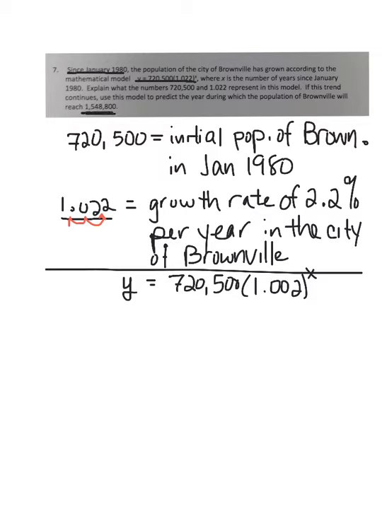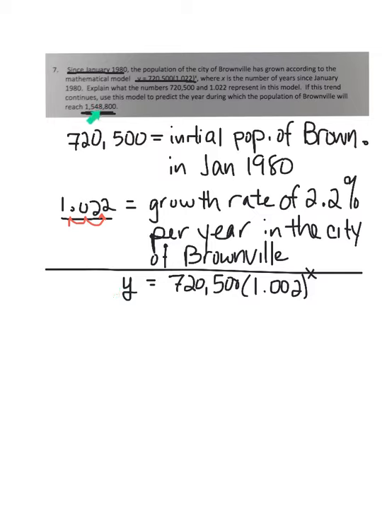Now, you've done this in Algebra 2. There are 2 variables here, guys. There's a y variable and there's an x variable, okay? And if you read the question in the second line here, it says x is the number of years since January 1980. So this represents years, which means then this has to represent population.